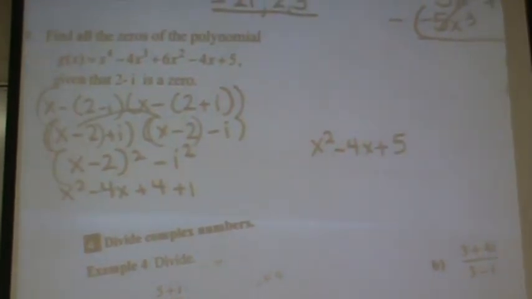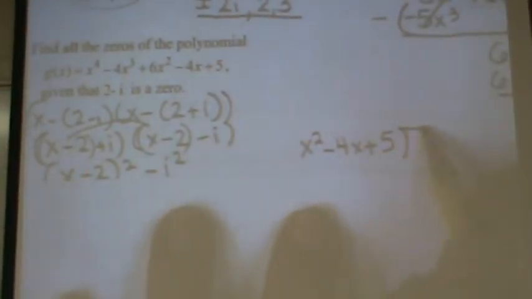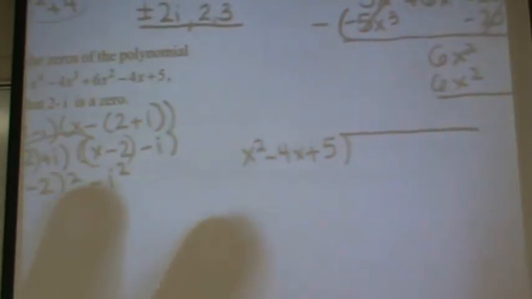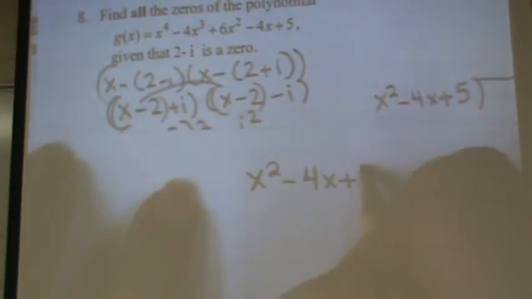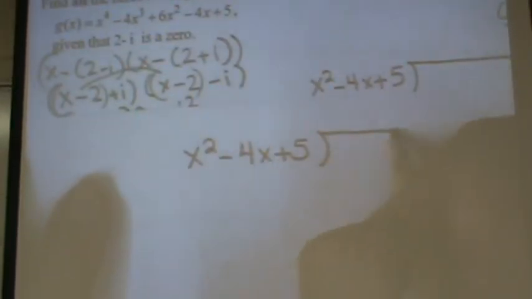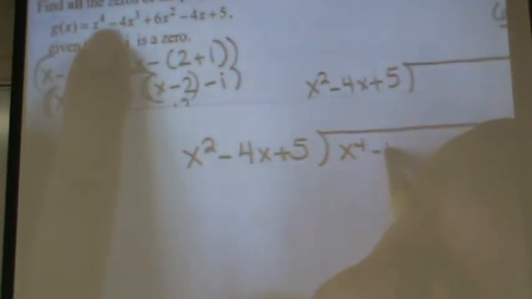Now what do I have to do? So I'm going to take that, and I have to use long division now. So I have x squared minus 4x plus 5 goes into x to the 4th minus... what's nice about these is you'll get 0 remainder.